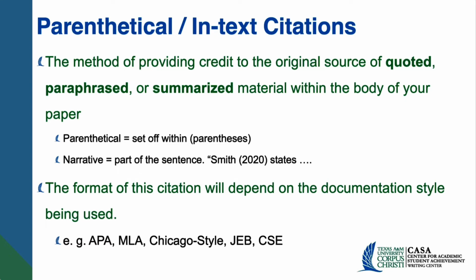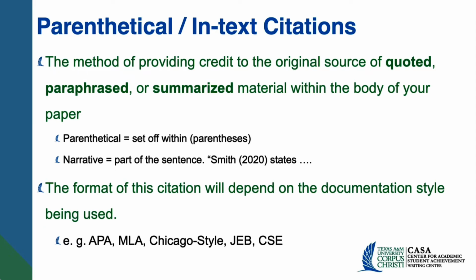You can also use a narrative in-text citation. That just means the citation is part of the sentence. So you can see in the example, Smith 2020 states ... That just means that you put the author's name in the sentence. Once again, the format of this citation is going to depend strictly on the type of citation style you are using.